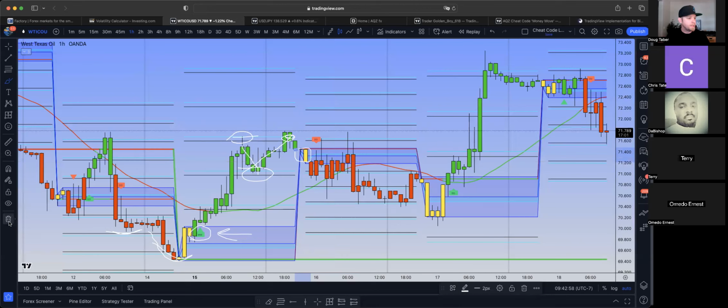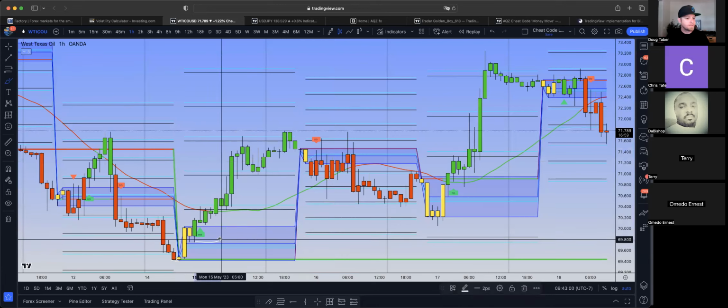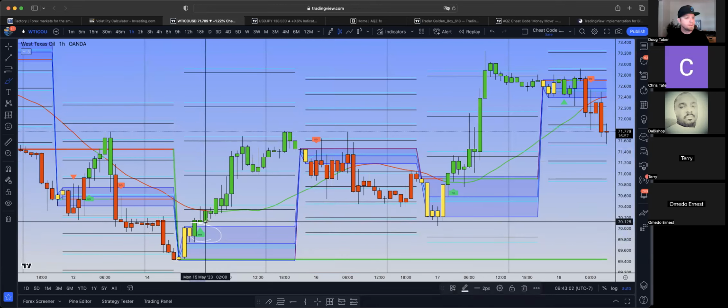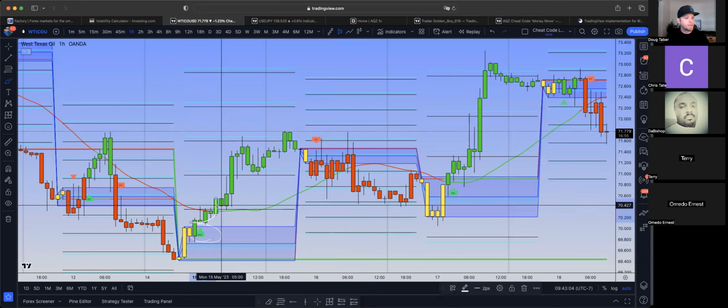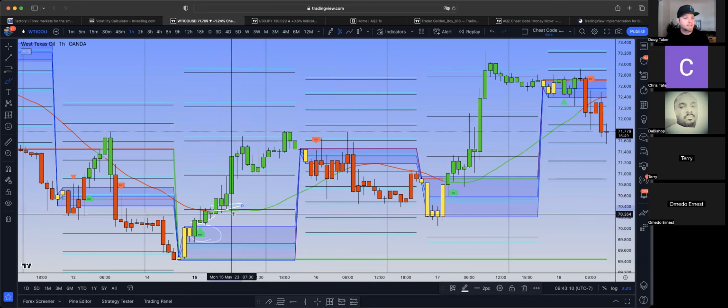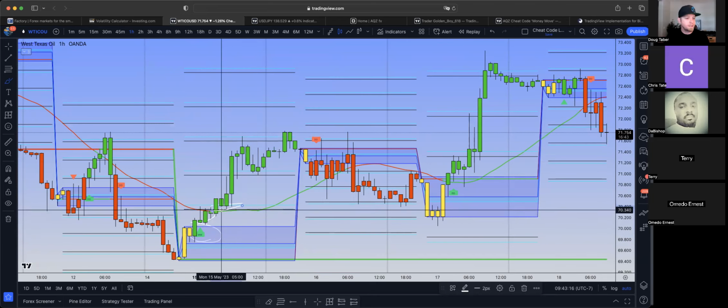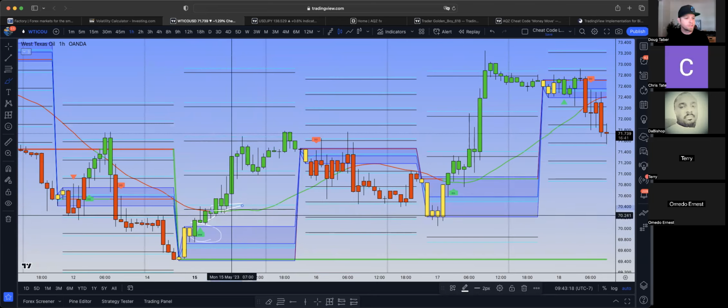Okay, so if, for instance, I'm in this buy and I see a break and close above an AQZ zone, remember, you can utilize these levels as support and resistance, and it'll allow you to tighten your stop losses.